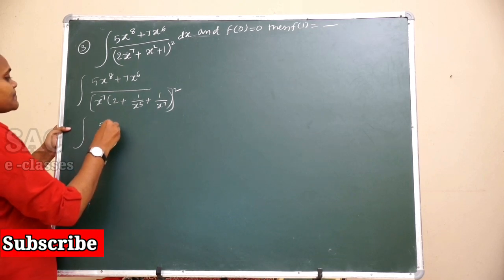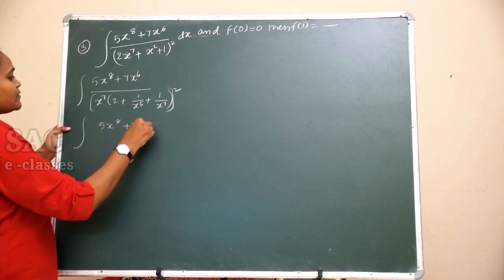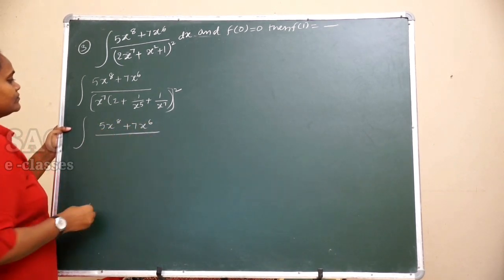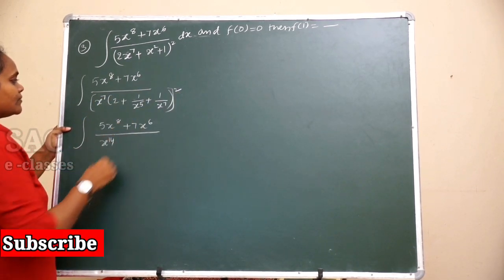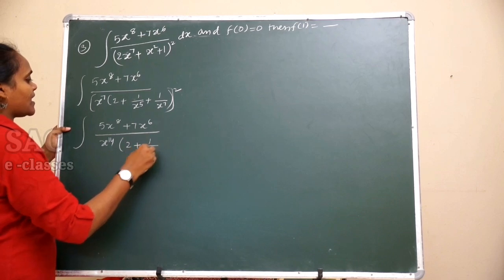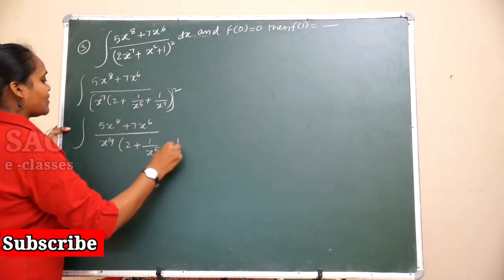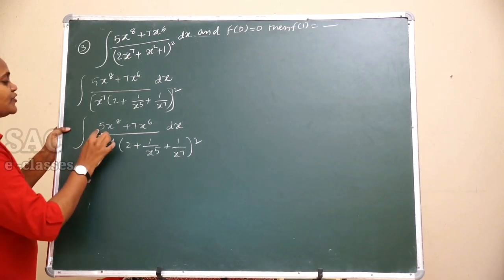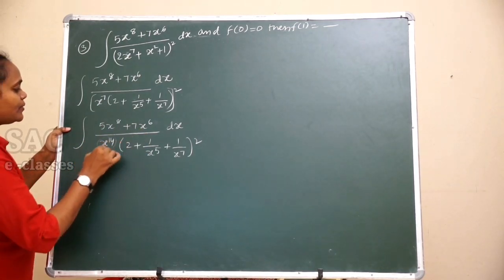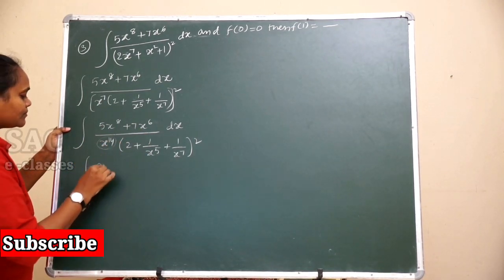Now 5x power 8 plus 7x power 6 by x power 7 whole square can be written as x power 14 into 2 plus 1 by x power 5 plus 1 by x power 7 whole square. Now from the numerator, what you need to take out common is x power 14.